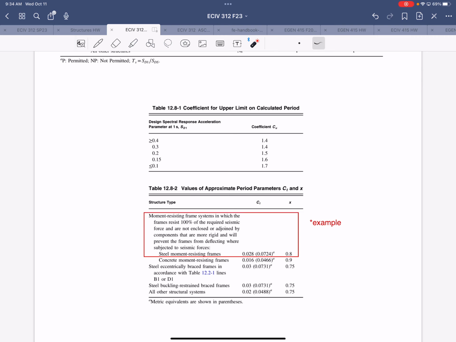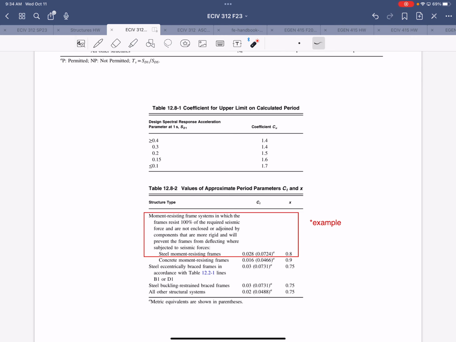I think I went over this in the lecture as well, but if we had a braced frame and a moment frame side by side in a given direction of the building, then we wouldn't be able to use this category, because for the moment resisting frame, we can't say for sure that it's designed to resist 100% of the required seismic forces.